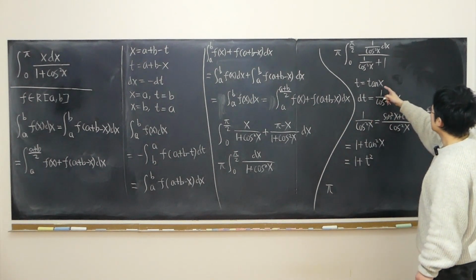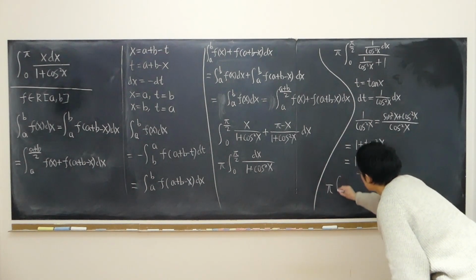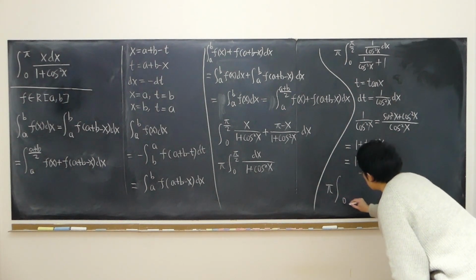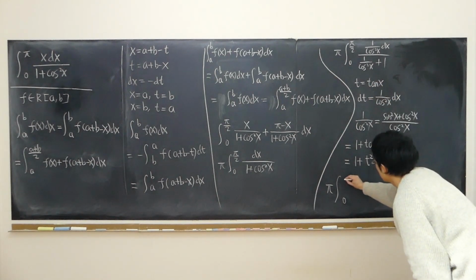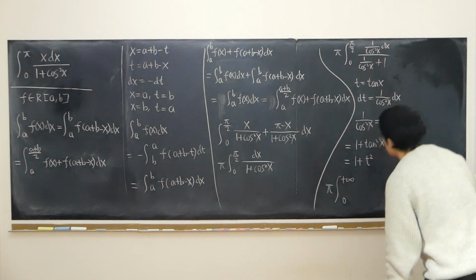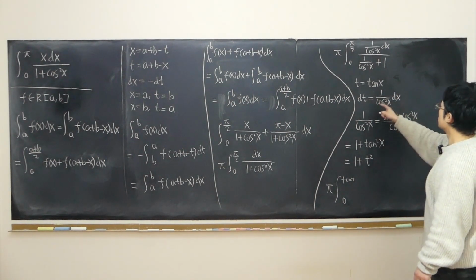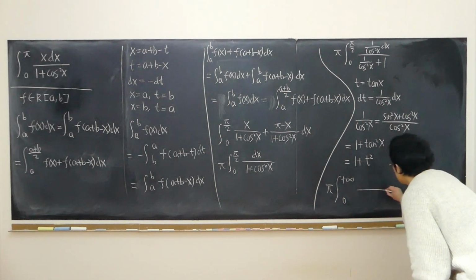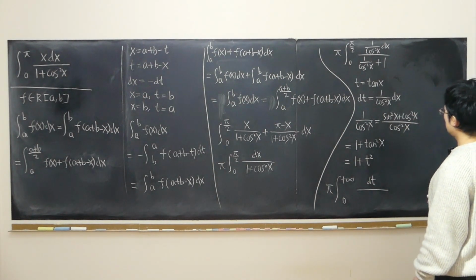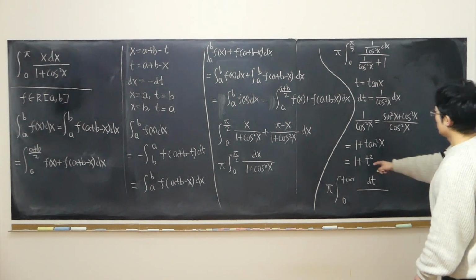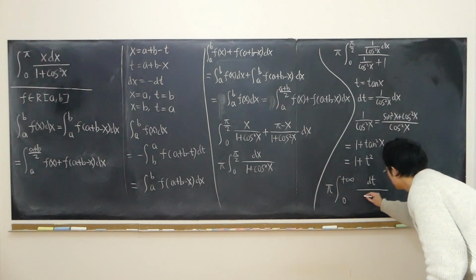So when x is equal to 0, t is equal to 0. When x approaches half pi, t approaches positive infinity. And on the top I have dt. And on the bottom I have 1 plus t squared plus 1, 2 plus t squared.